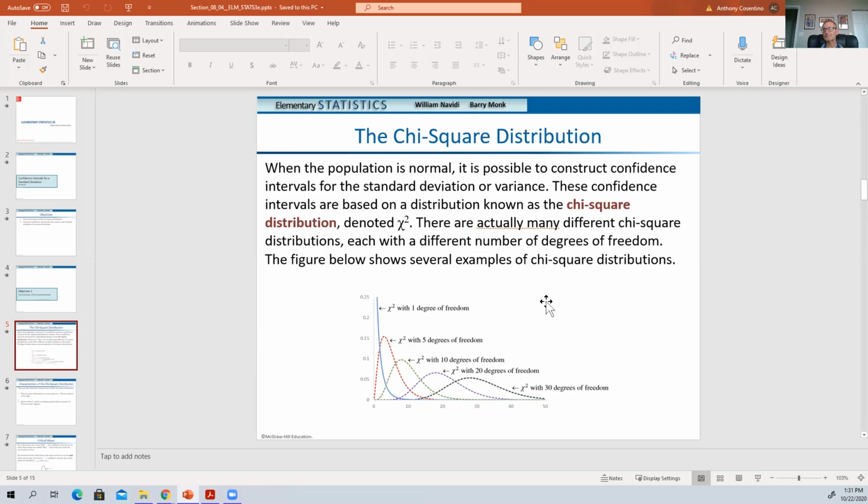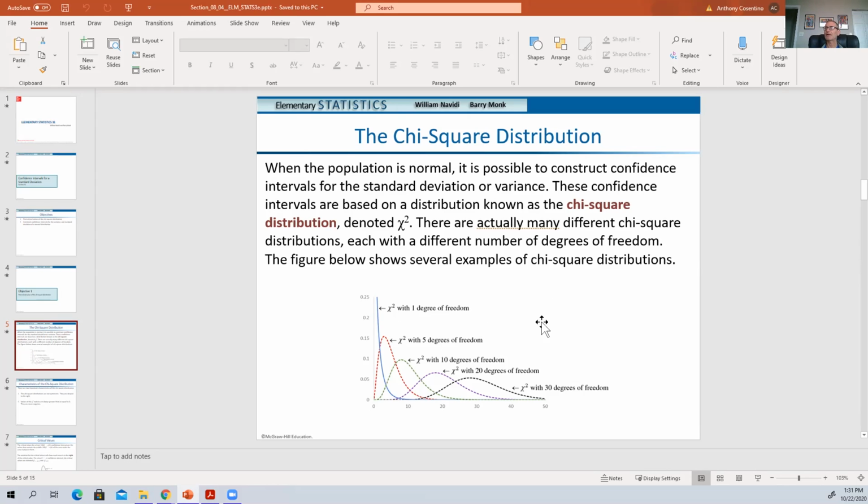It's set up similar to the t distribution, except it is more skewed. As the degrees of freedom get bigger, meaning your sample size gets bigger, it looks more and more like a normal distribution. But when the values are small, it looks very skewed, where the peak is really close to the left side.